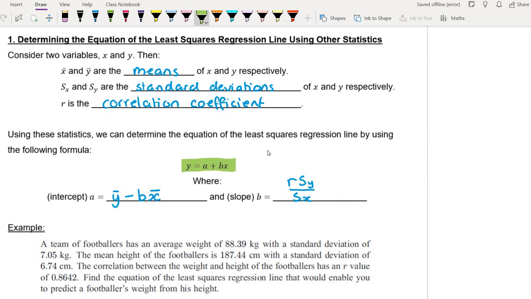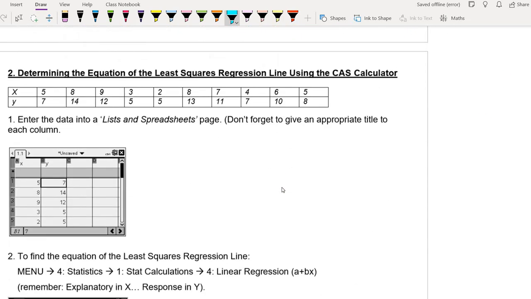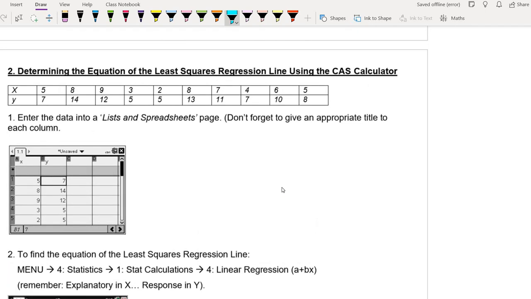We're only looking at the a and b values. When we have our equation, we'll have x and y as is, and some numerical values for a and b. The way we find a and b is to use the CAS.